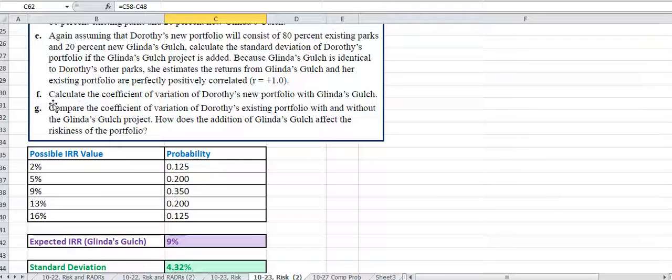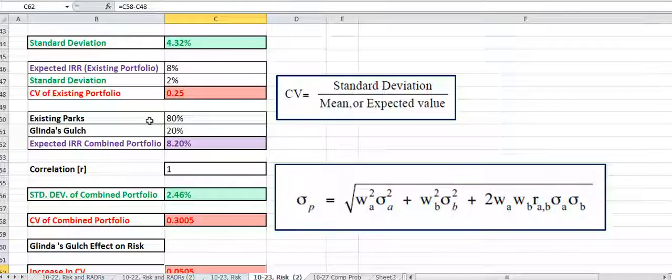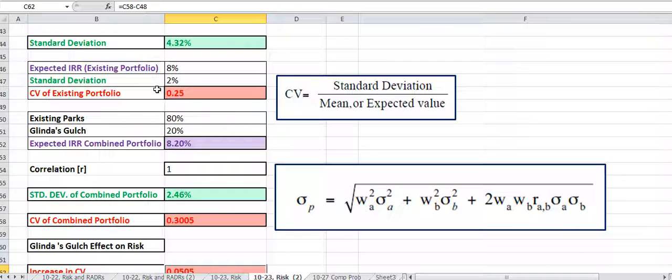We've already done part F, calculate the coefficient of variation of Dorothy's new portfolio. We did that. Right here. Let's see, where is that? Expected, our existing portfolio.